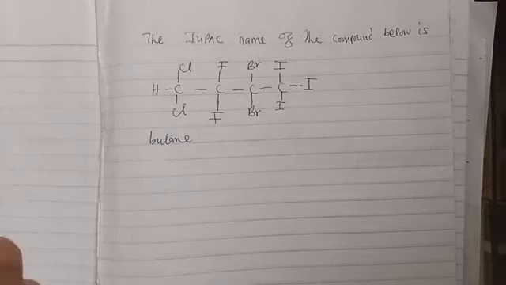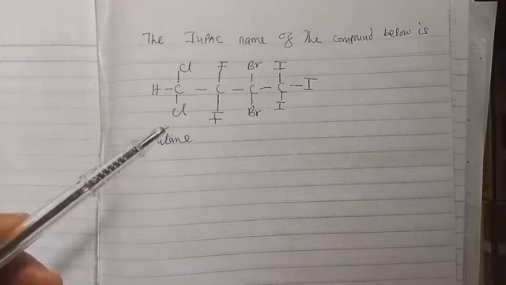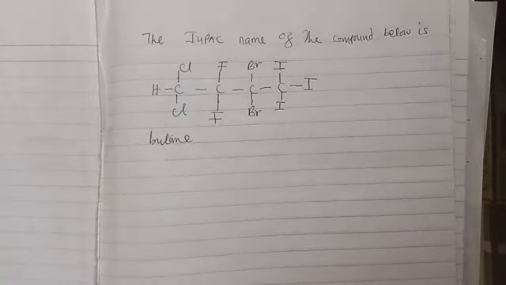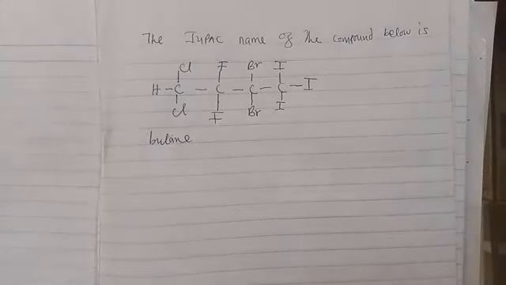But as we move from top to bottom, electronegativity decreases. Meaning that in these substituents, fluorine, which is on top of the group, will be more electronegative than all the other elements, the chlorine, the bromine, and the iodine. Meaning that the chemical property of this compound will be highly dominated by the fluorine atom present.